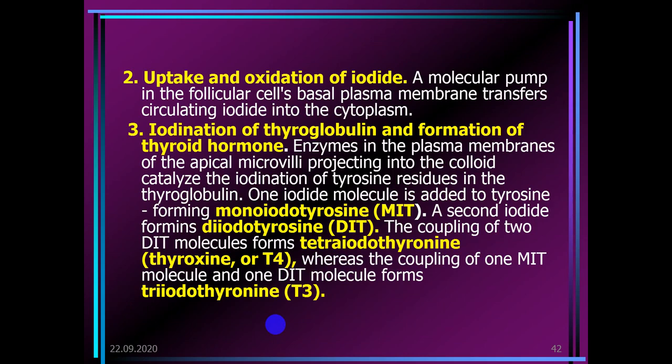It binds one atom of iodine and appears monoiodotyrosine, international name MIT. The second molecule of tyrosine can bind two atoms of iodine and appears diiodotyrosine, DIT.